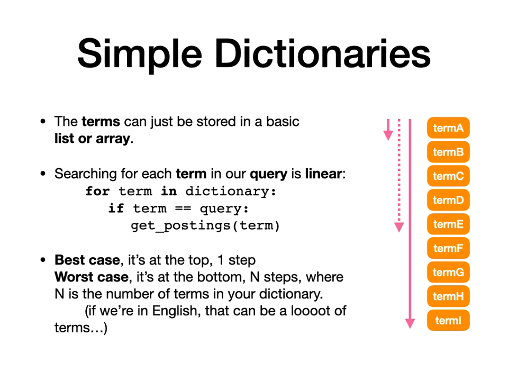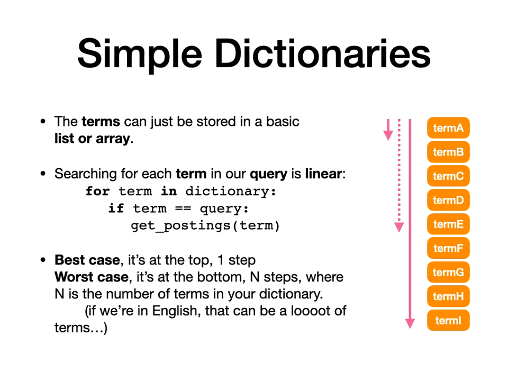So, simple dictionaries, as we've kind of thought of them so far, the terms can just be in a basic list or an array, either way. That's just a collection of information that's linear, right? And the simple way to search for a term: we've received a query and we're going to say, let's go get the postings for the first term of the query.